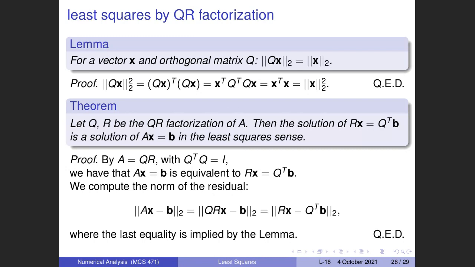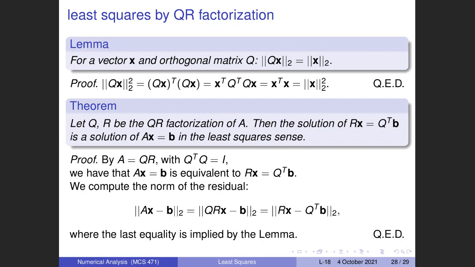All right, some important properties of the QR factorization. So the QR factorization solves the problem in the least square sense. That's the most important sentence that summarizes this entire lecture. For numerical stability, the lemma is extremely important.